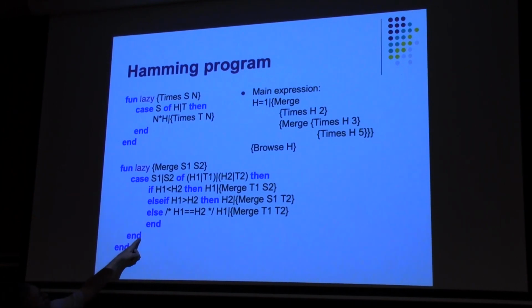So here's the merge. This takes 2 streams, S1 and S2, which are both ordered, and merges them together. So the result is an ordered stream with all the elements of the input streams. Okay, this is a lazy function. This one will only execute if I need the result of the stream.